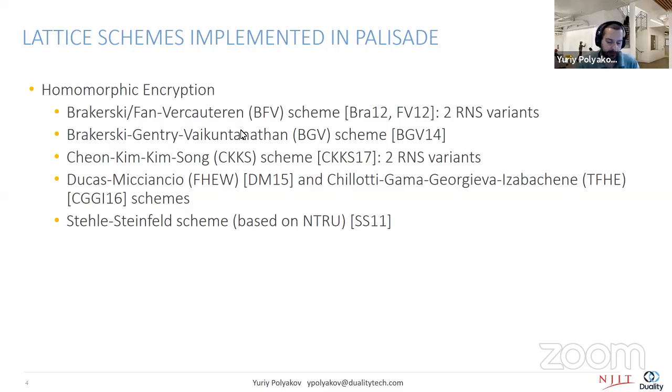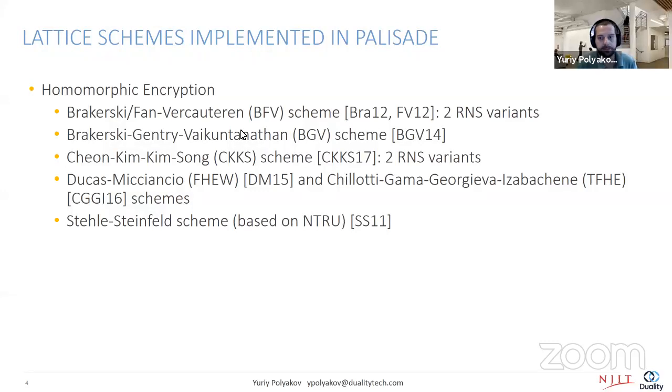Maybe I'll give more of a practicality remark, just a very high level remark on the schemes. The first 3, BFV, BGV, and CKKS, in my opinion, are very, very practical to the extent that they're currently used in commercial products.